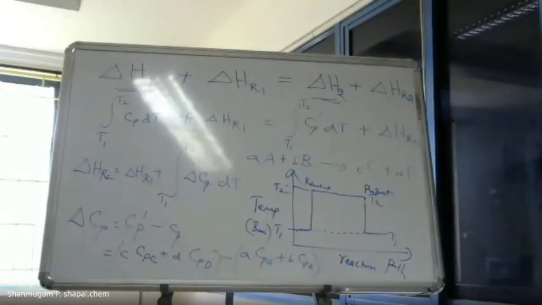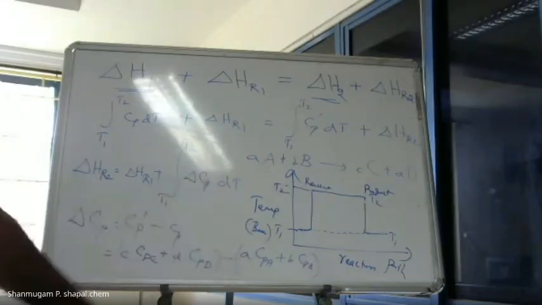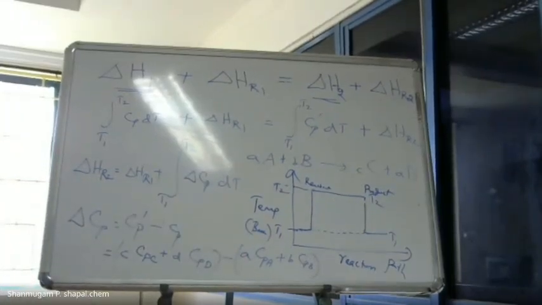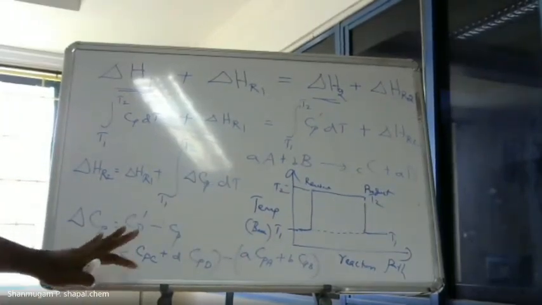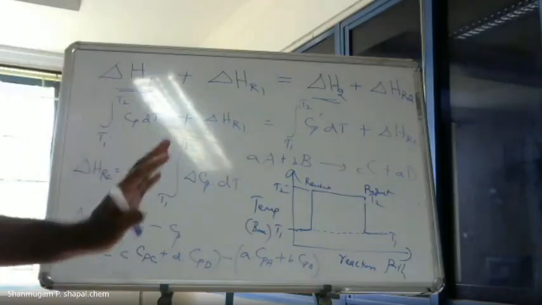So this differentiation of Cp can be written like this. So this is how the actual heat capacity values will be.